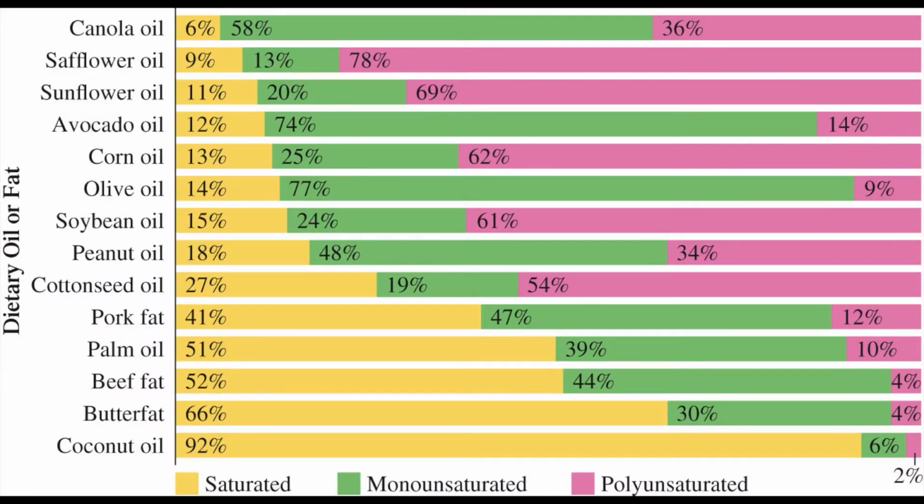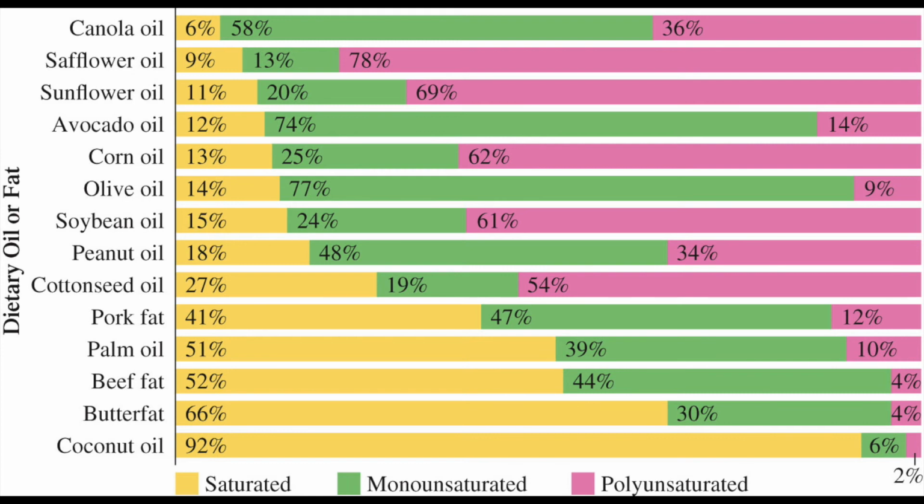As we take a look at this table, here's a source of different types of dietary oils and fats. We've got canola oil up on the top, and coconut oil down on the bottom. And then we've got, in the different colors, the breakup of saturated, monounsaturated, and polyunsaturated. The yellow on the left is saturated. In the middle is monounsaturated. And on the right, in the pinkish color, is our polyunsaturated.